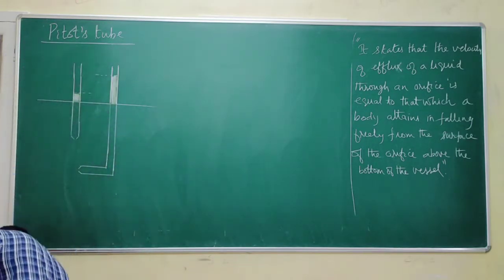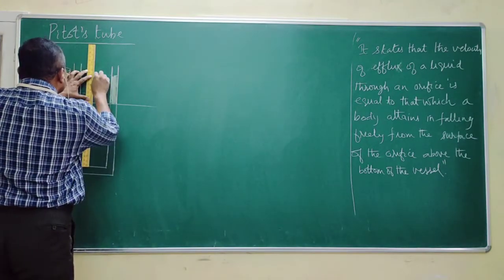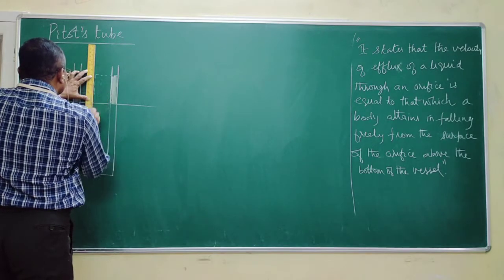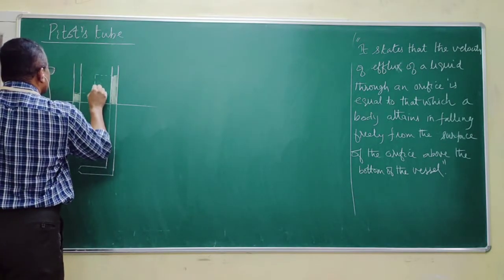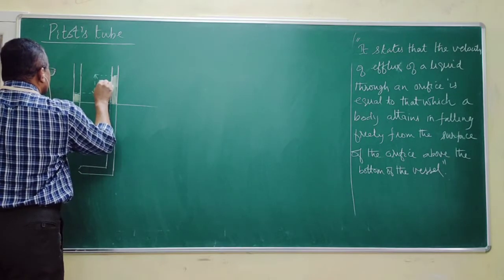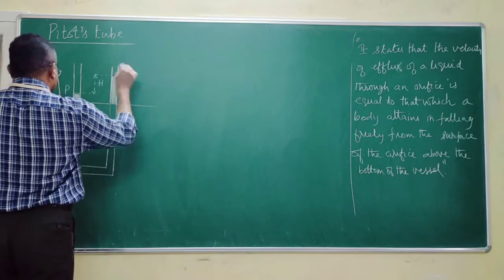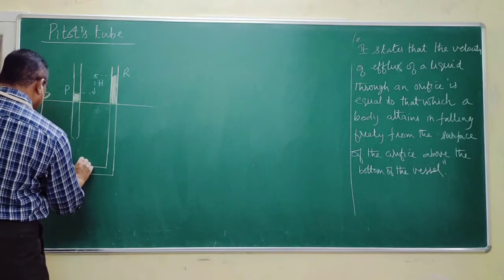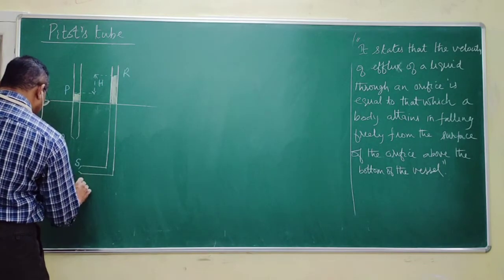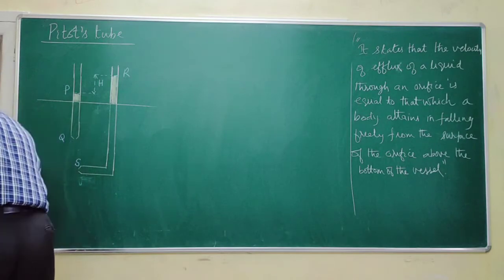This height I'm taking as H. This is P. This is R. This point is Q. This is S. Velocity of the liquid flowing is V.